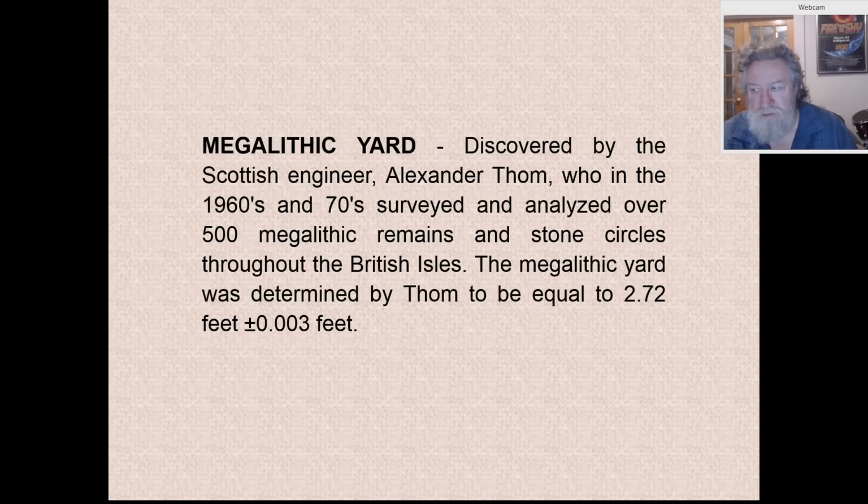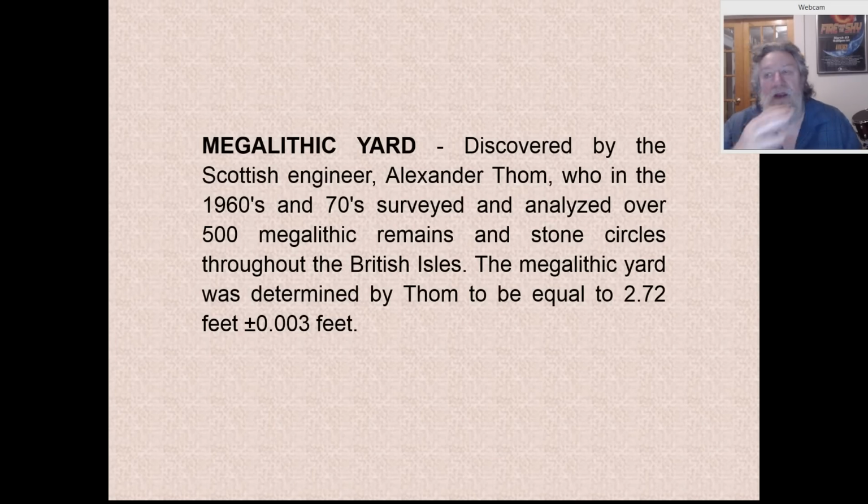to look at the relationship between this megalithic yard that was being used in ancient Great Britain, and it was roughly contemporaneous with the Old Kingdom of Egypt. So while the Riemann and the royal cubit were being used in Egypt to build temples, and presumably the pyramid, because after all, remember, the royal cubit was discovered by Isaac Newton in his analysis of the dimensions of the King's Chamber of the Great Pyramid, right?